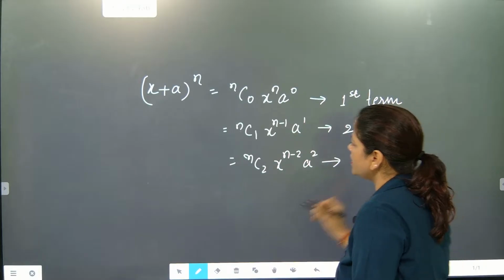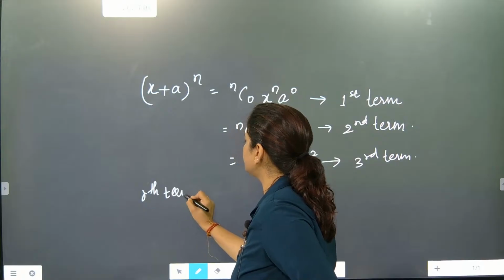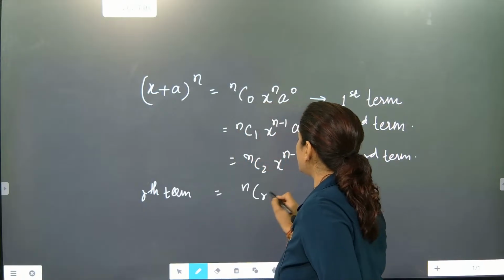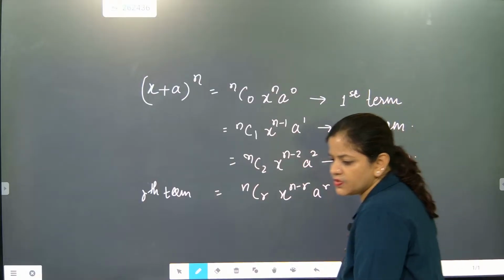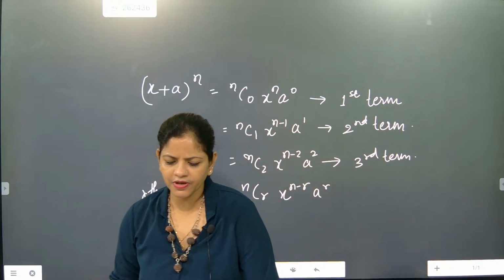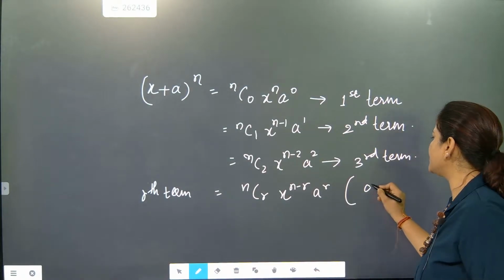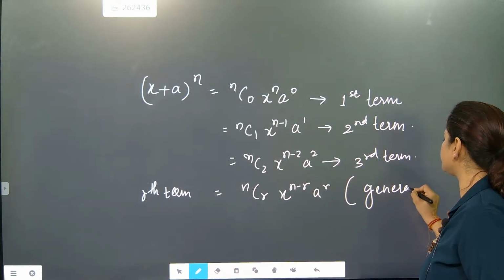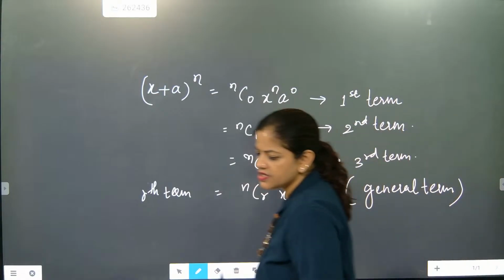So what will be the rth term? nCr x to the power n minus r a to the power r. This will become our rth term, and this will be considered as the general term.